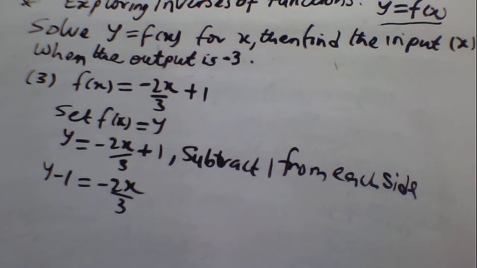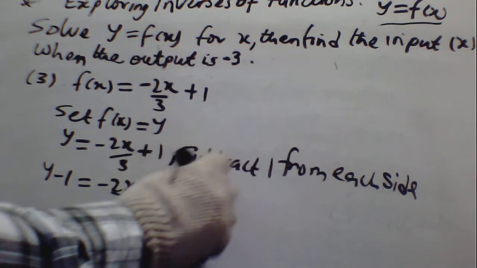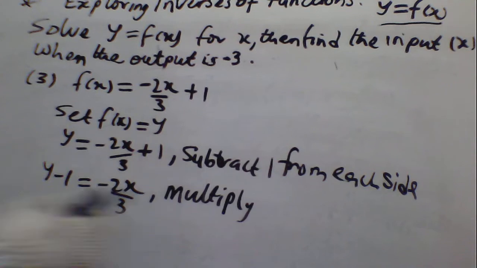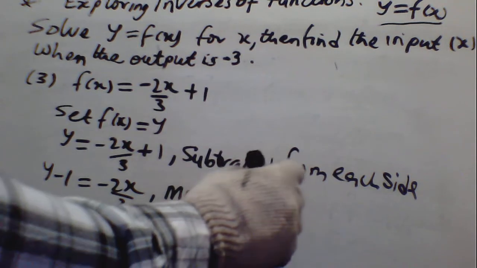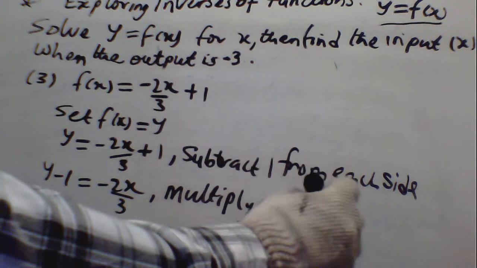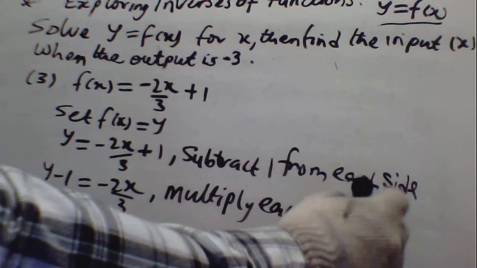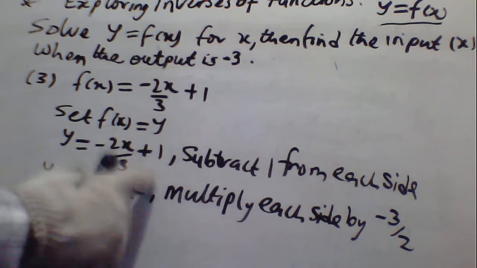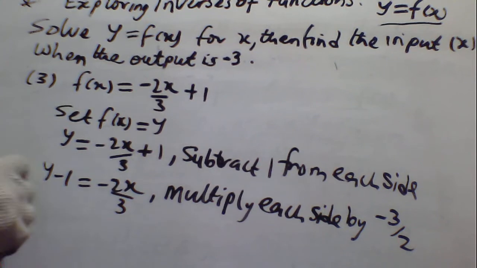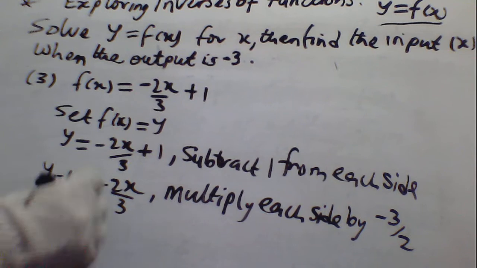It's like making x the subject of the formula. So multiply each side by the inverse of this, by minus 3 over 2, to make x the subject. So this is minus 3 over 2 in bracket y minus 1.